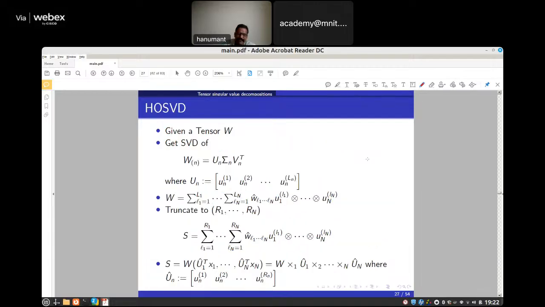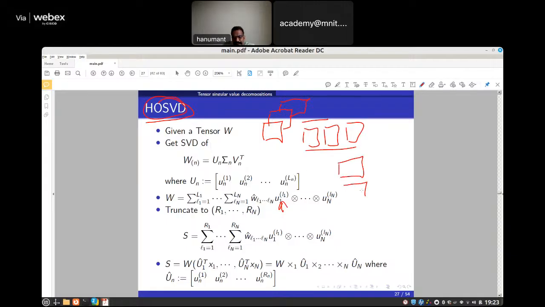Now, if you want to apply tensors somewhere, then higher order SVD is one of the algorithms you will apply, and it's very simple. Just forget about all the symbols. I have a tensor like this one. I will make a matrix, and this direction's matrix is very easy. Then I will do the SVD and take the dominant vectors.